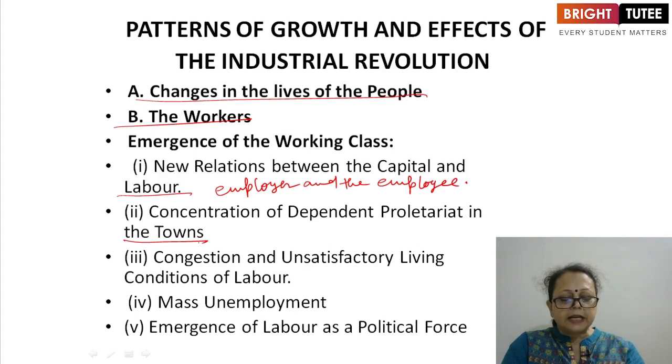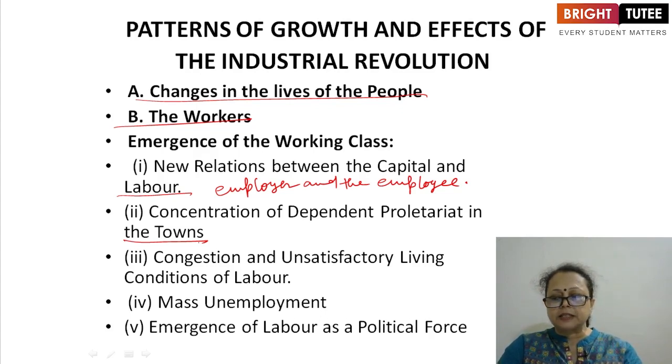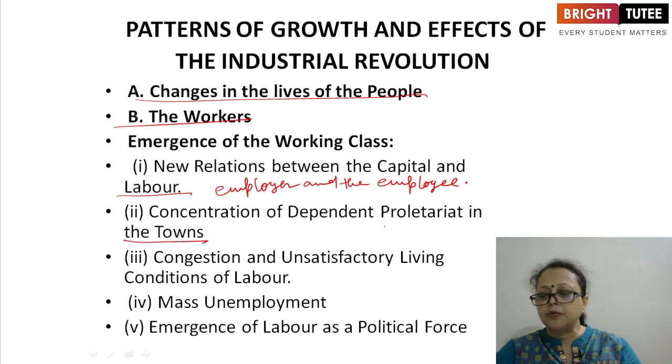Proletariat means the working or wage earning laborers, the labor class, the employees who were earning their wages. There is a sharp division between the proletariat class and the capitalist class. These are the wage earning laborers.